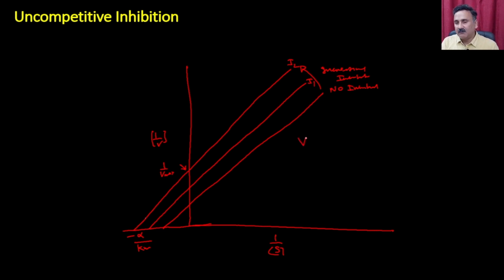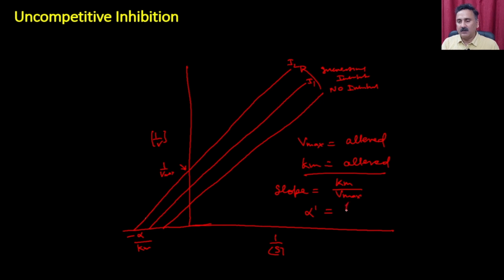So there will be an alteration in the Vmax, and Km is also going to be altered, okay, and that is the characteristic of the uncompetitive inhibitors. The slope of this curve is actually going to be Km by Vmax, okay, and the alpha prime in this case would be 1 plus I by Ki prime, okay, and this is what you have to use.